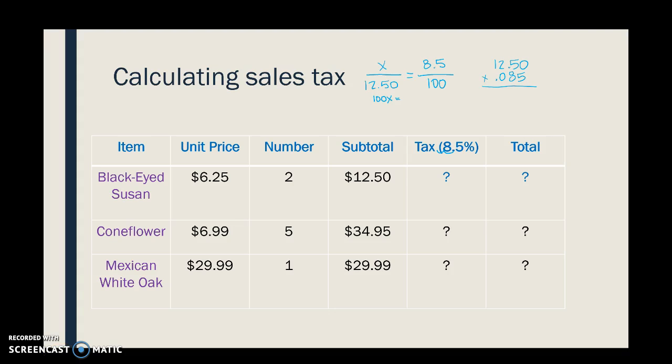Okay, so let's work them out. So cross product on the left, let me get my pen again. So on the left side, 100x equals, and then I have to do 12.5 times 8.5, and I can leave off that 0, we don't need that. 5 times 5 is 25, 2 times 5 is 10, plus 2 is 12, 1 times 5 is 5, plus 1 is 6, put a 0, 8 times 5 is 40, 2 times 8 is 16, plus 4 is 20, 1 times 8 is 8, plus 2 is 10.